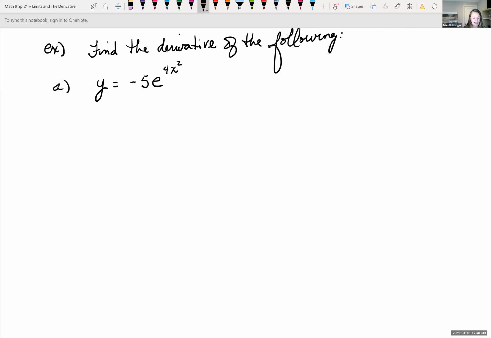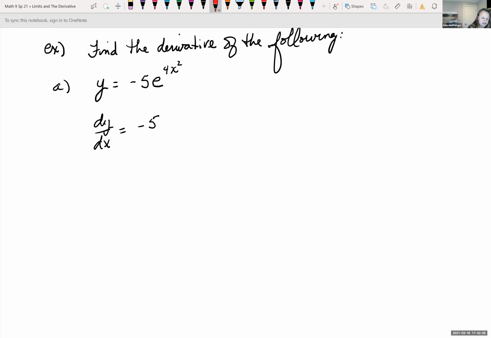Okay, so let's look at some examples where we're taking derivatives with functions that have e in there. And so we want to find the derivative of -5 times e raised to the 4x squared. And so if we use that rule, that -5 is the coefficient in front, so that's just going to stay there.